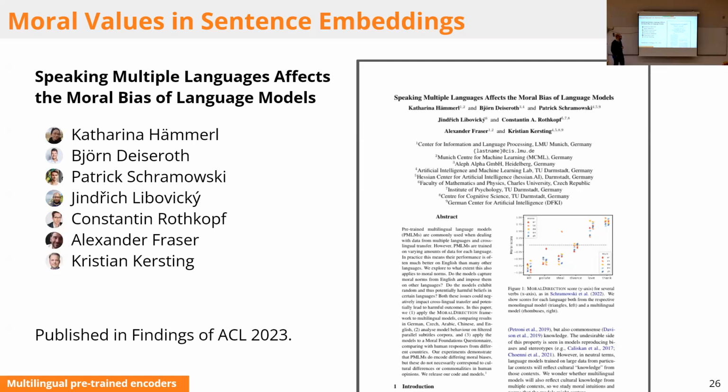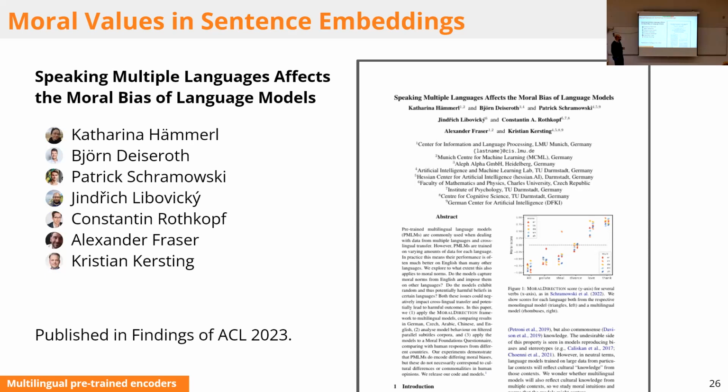Again, there was Kati Hämmerl from LMU in Munich, Björn Deiseroth from Aleph Alpha in Heidelberg, Patrick Schramowski from Darmstadt, me, Constantin Rothkopf from DFKI, Deutsches Forschungsinstitut für Künstliche Intelligenz, Alex Fraser, and Kristian Kersting from Darmstadt.